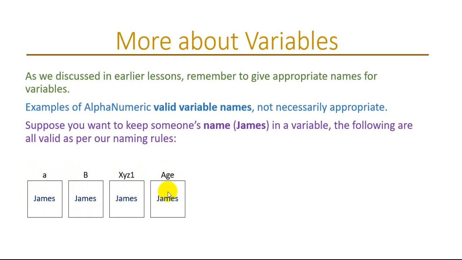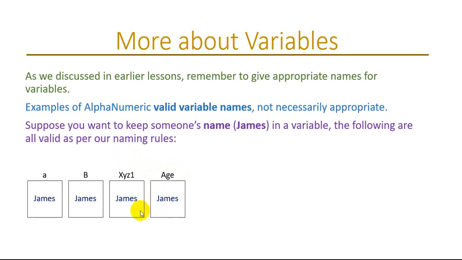It's valid, don't forget that. The computer won't interpret the word age and say that it cannot store a name inside it. Nothing like that will happen. They have given a naming rule convention. If you follow the convention, you can give any word here, and as long as it's valid and you are following the rules, it will just take it.